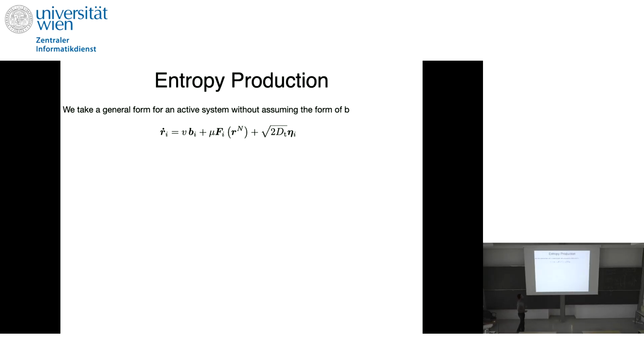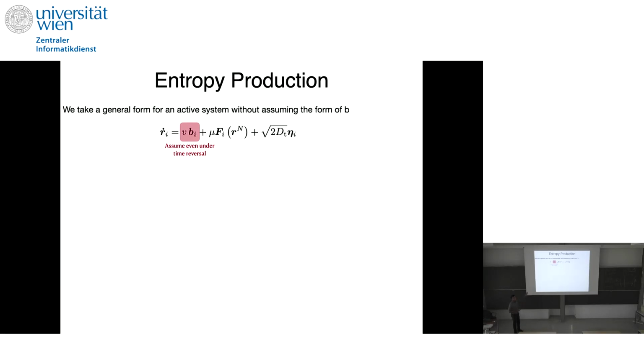Okay. So the general class of models that I study will be of this form, where this is just a Langevin equation. It's overdamped, so this is for the ith particle in your system. The first term is the self-propulsion, where v is the magnitude and b_i is the direction.